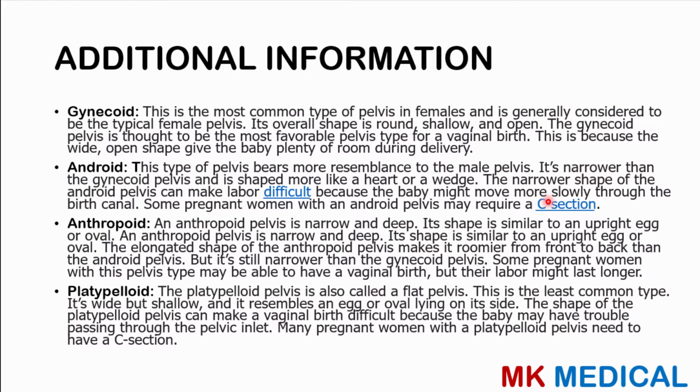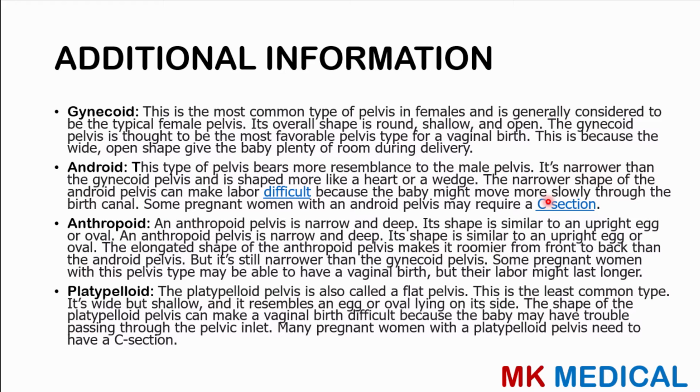And the baby might actually move much slower through the birth canal, and usually pregnant women with this type of pelvis require a C-section. Then an anthropoid type of pelvis is narrow and deep, and it has a similar shape to an upright egg or an oval.